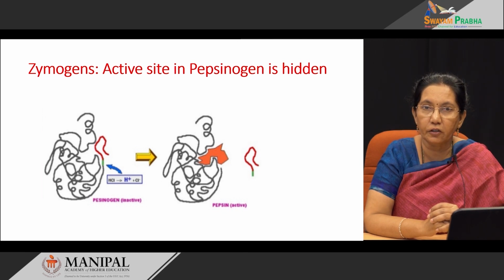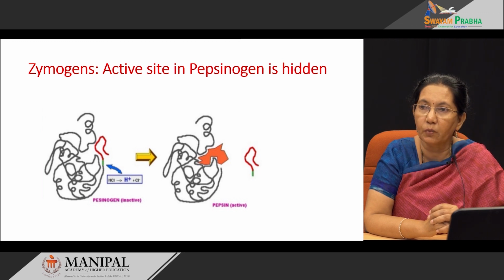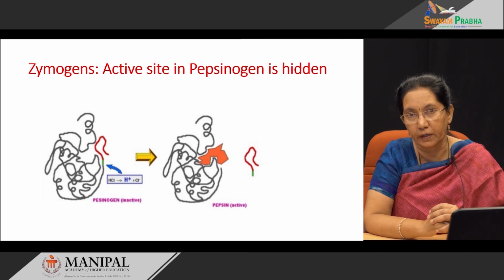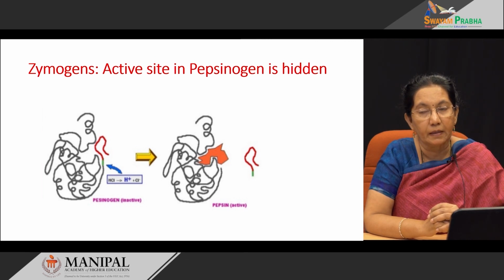Under acidic conditions and autocatalytic conditions, this piece of peptide is removed. Once it is removed, the active site becomes accessible to substrates, and now we say that pepsin is active. Therefore, you must remember that sometimes the enzyme prefers to hide its active site until it is needed.